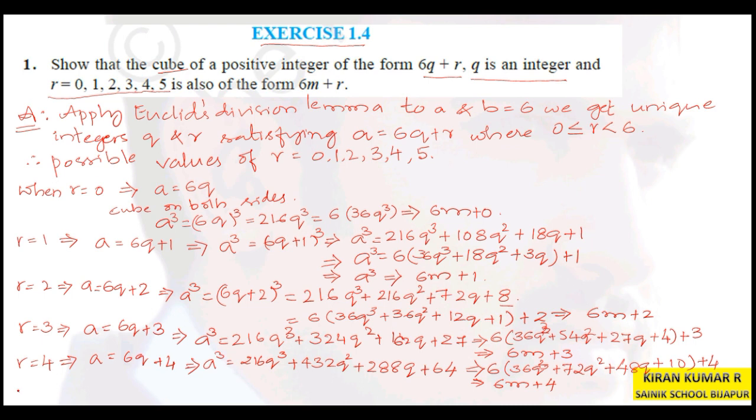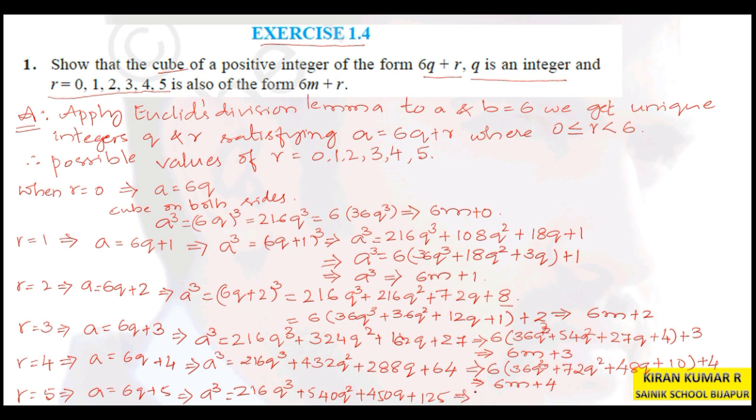Same way, when we take r value as 5, we will be getting a as 6q plus 5. A cube will become 216q cube plus 540q square plus 450q plus 125.